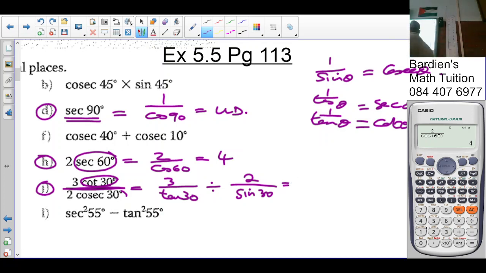Just put that in the calculator. It's 3 over tan 30. The reason why I'm breaking up the fraction is because sometimes when you enter this into the calculator, you enter it wrong. So it will be divided by 2 over sine 30. Oops, I didn't close the bracket here. So it's going to give you 3 root 3 over 4.